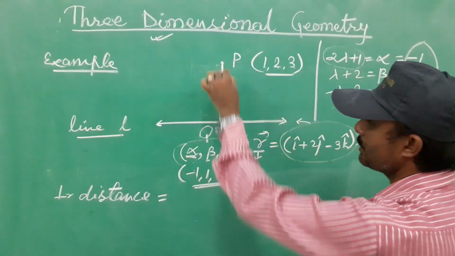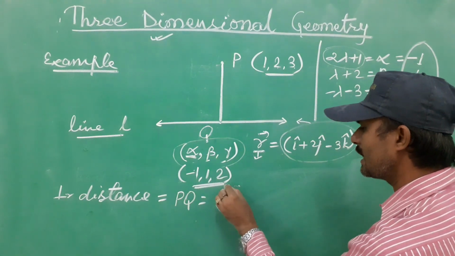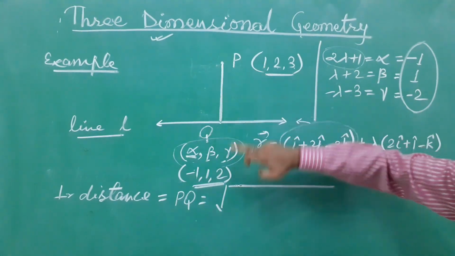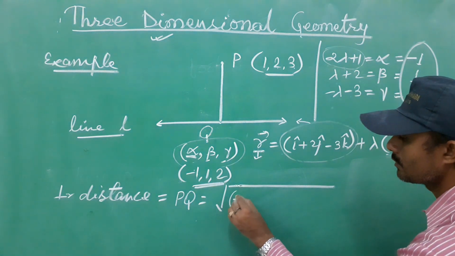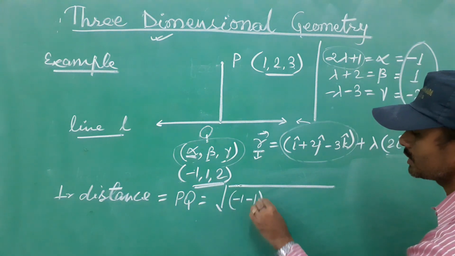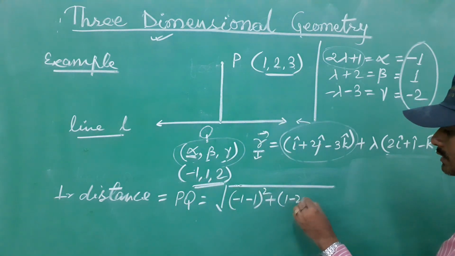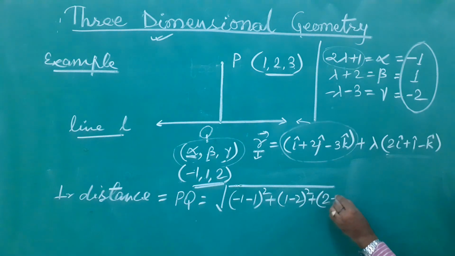Perpendicular distance is PQ, the length of PQ. Just use that distance formula, simple distance formula. X2 minus x1 whole square plus y2 minus y1 whole square plus z2 minus z1 whole square.